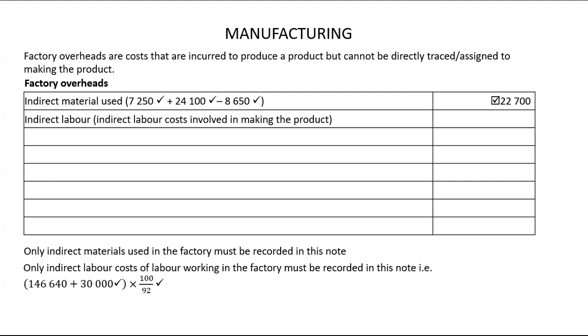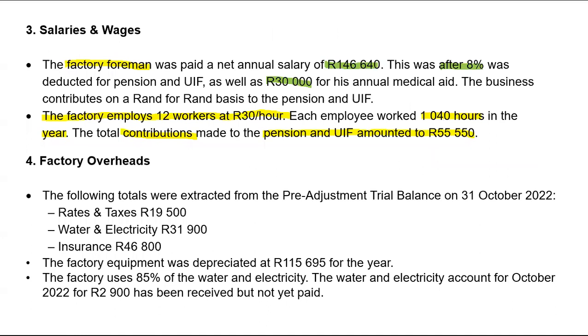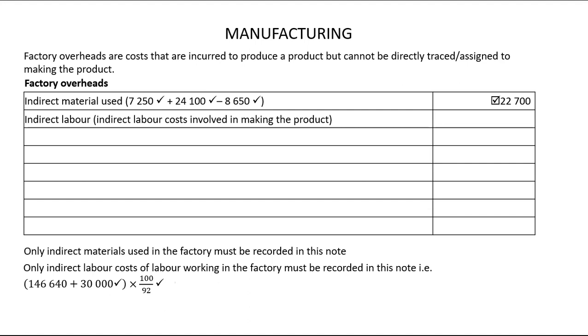That will be our gross salary. To the gross salary, we still need to add pension and UIF contributions. So I'm still going to take that gross salary of 192,000 and multiply it by 8%. That is when we have added our contributions, and that will give us 207,360. Okay, let's move on.